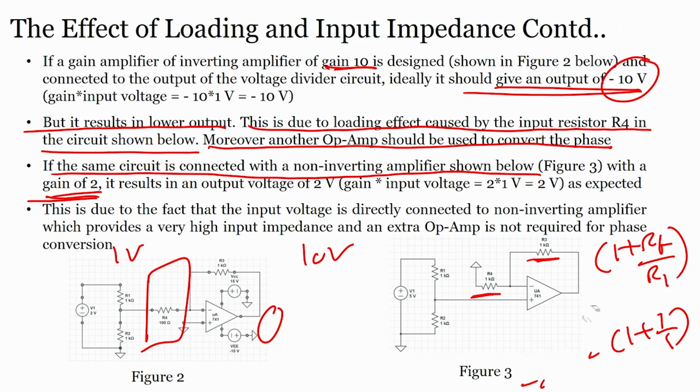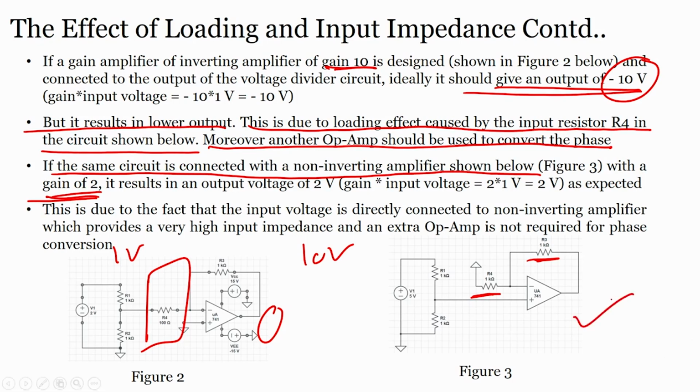So, if you connect the potential divider output with a non-inverting amplifier, what you will see? It results in the output of 2 volts as expected. There is no phase shift.